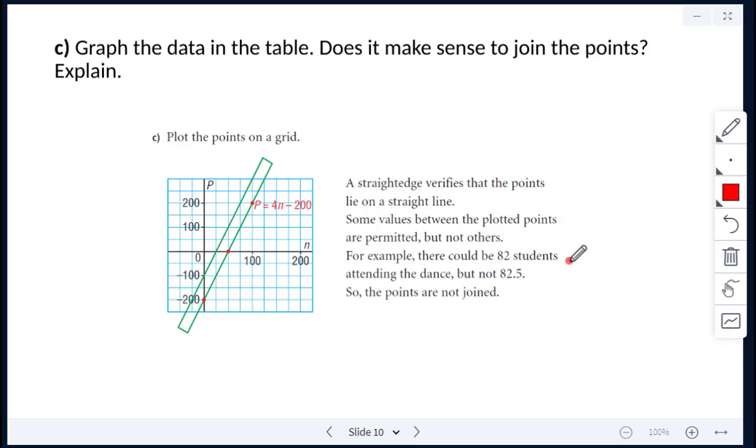For example, 82 students can attend, but you'd never have half a person attending. So you can't have points for 82.5. So therefore, these points will not be joined. All right, this is called discrete points. You can't join the points because it doesn't make sense to join the points. Again, because in this case, half a student cannot attend this function.